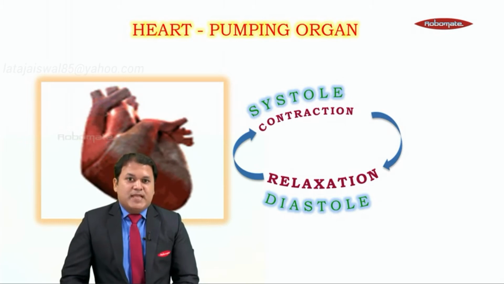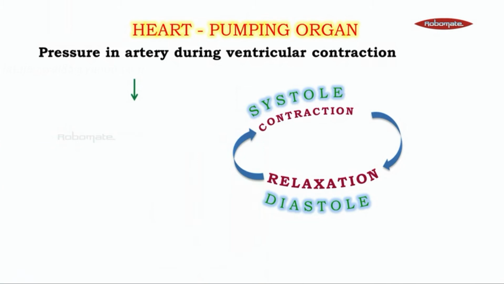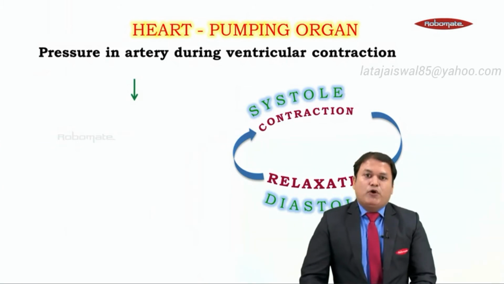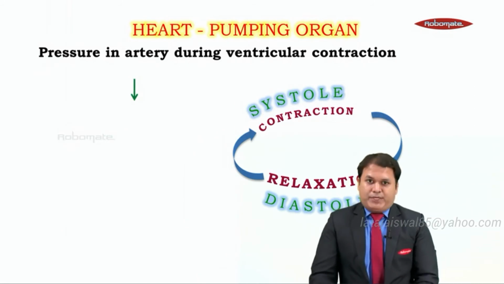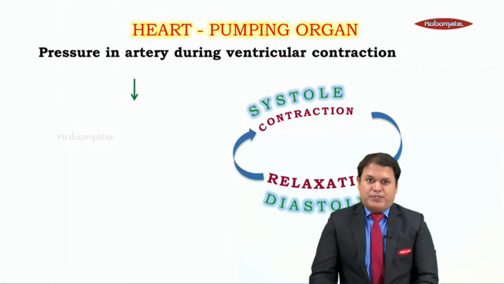So now let us understand what blood pressure is. The pressure in the artery during ventricular contraction. When we say contraction of the heart, here we are referring to ventricular contraction, because the pressure is there only during ventricular contraction.